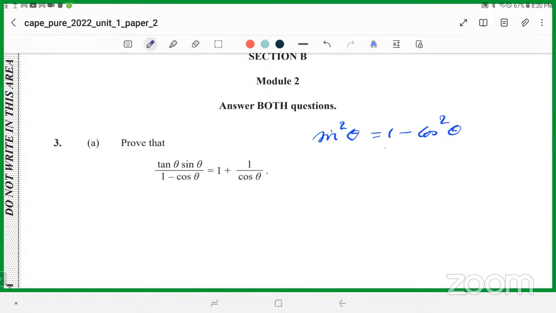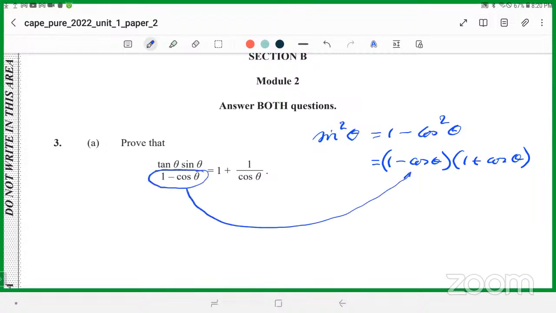You have to realize that 1 minus cos squared theta is the same as 1 minus cos theta times 1 plus cos theta. So when you see that 1 minus cos theta, I am seeing it as one of the factors of sine squared. You have to see those things.